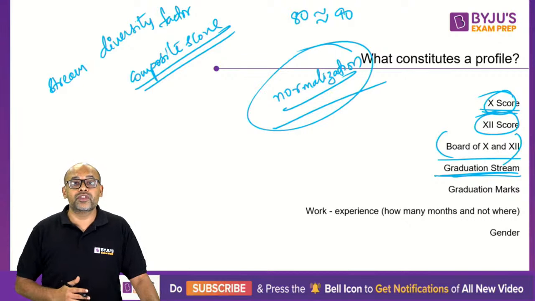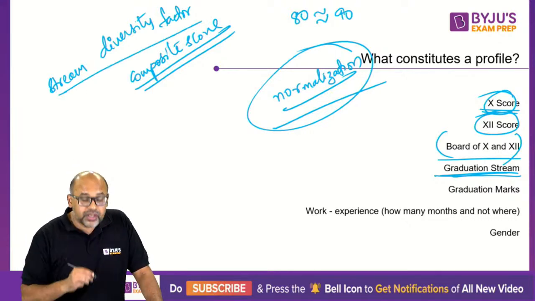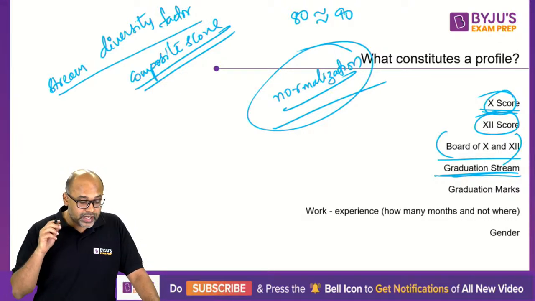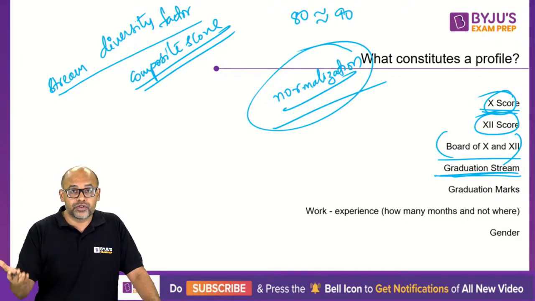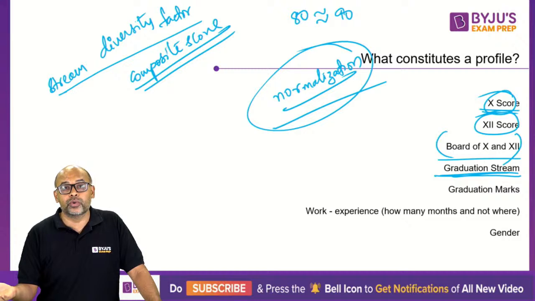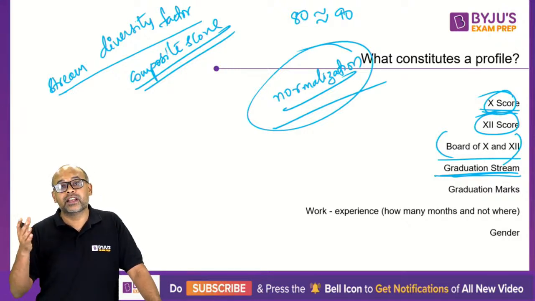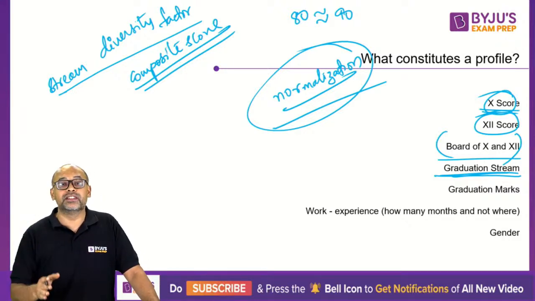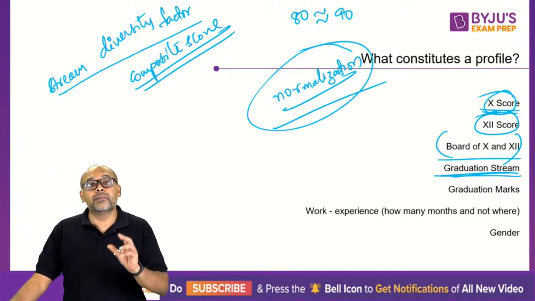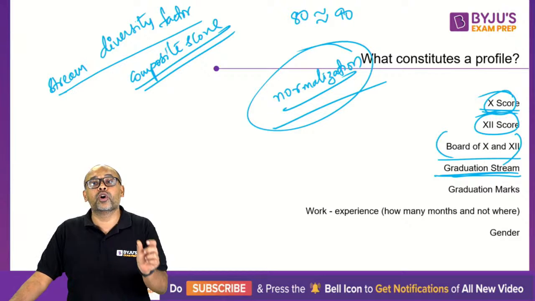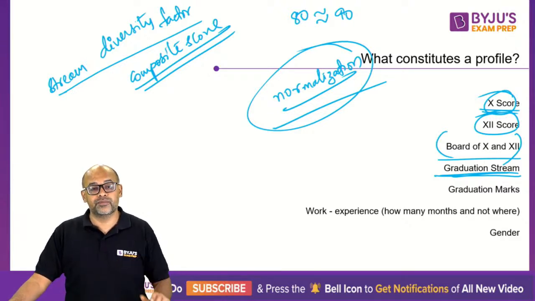So in calculation of this composite score, they will give extra marks to the stream diversity. Not all institutes do it, as I said, Indore does not do it. But yes, I think Ahmedabad does it, Bangalore does it in different ways, but the bottom line is they will give some benefit for not very common branches, not very common streams.